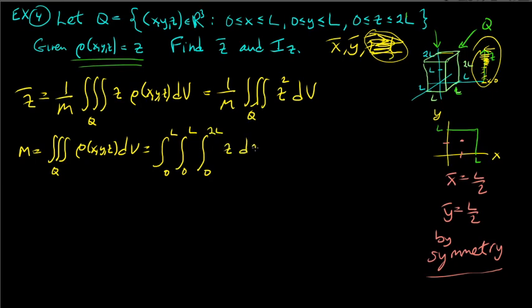And when you integrate z, of course, you just get 1/2 z squared. I'm going to try to squeeze it all in here, because this should have been the easy example. So 1/2 z squared evaluated between 0 and 2L, and that's going to be 4L squared, so you're going to get 2L squared on the outside.